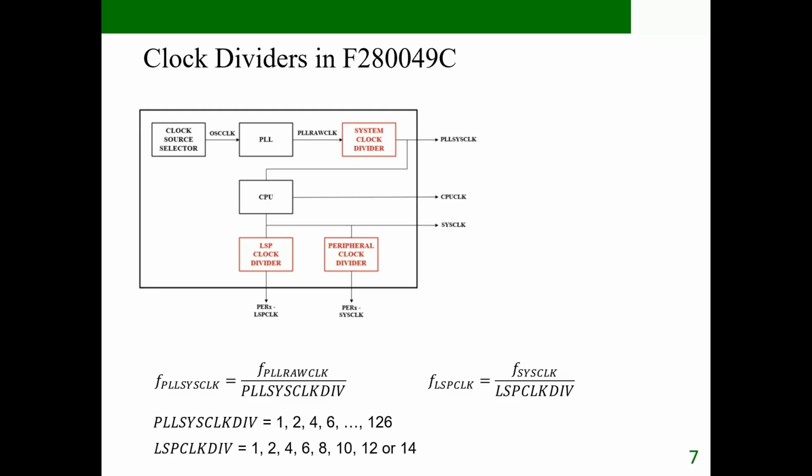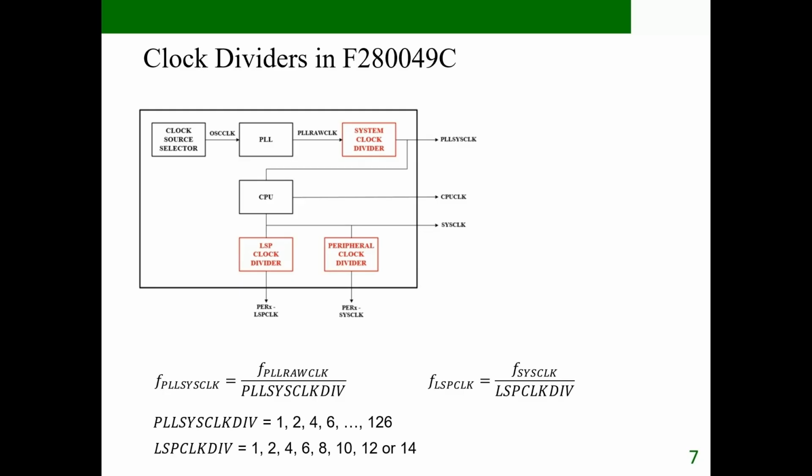In addition, some high-speed modules have their own dedicated peripheral dividers. For example, the PWM module often uses the system clock divided by 2 for its time-base counter, while the ADC requires a prescaler since the converter cannot directly operate at system clock speed.